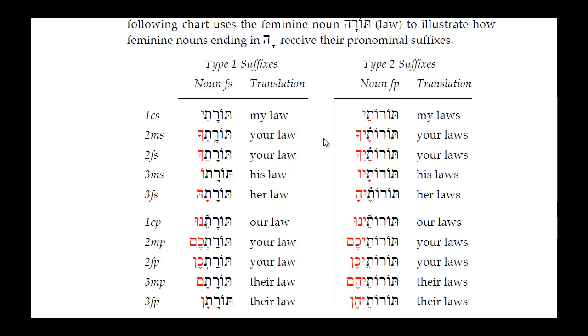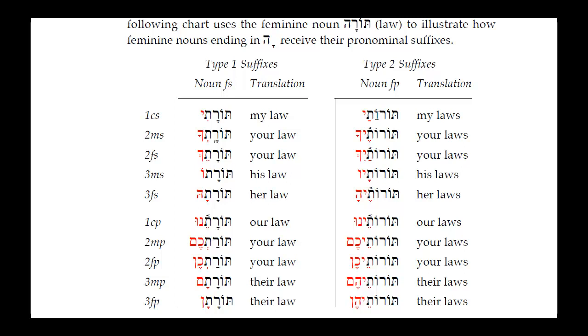Now let's see what happens. We saw that the hey drops off and the tav takes its place in the qamets hey feminine nouns. Let's see what the feminine noun Torah is when plural. We learned when we studied nouns that the qamets hey feminine noun would drop the qamets and the hey off altogether when it goes plural, and it is torot. Well, the same thing is here.